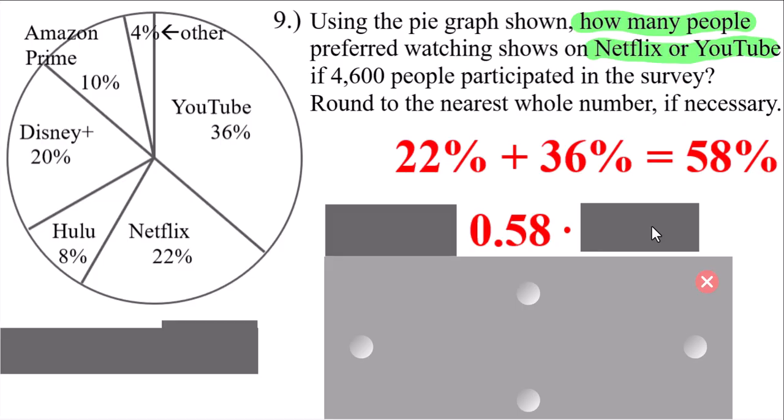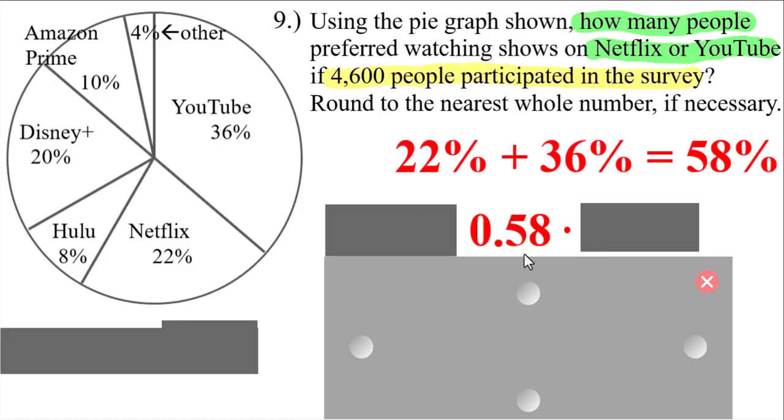Well, unlike the other problems we've had, we don't have a percent of. But you should remember it's the percent of the total or whole amount. And it just so happens that they told me that 4,600 people participated in the survey. That's the total number of people who participated in the survey. That's the whole amount. The part of that total would be the part that is of the people who are watching Netflix or YouTube.